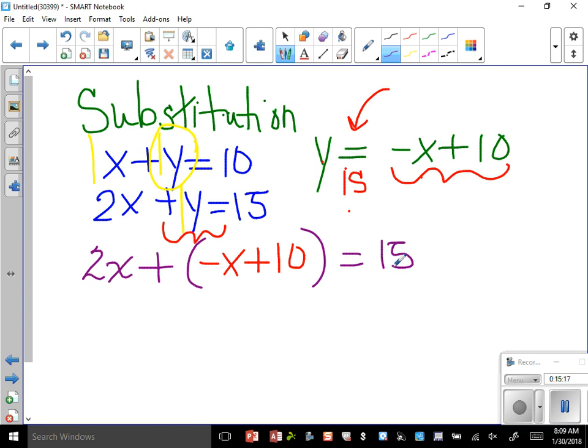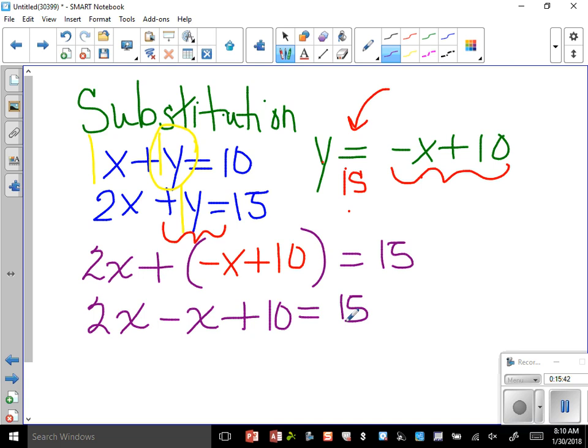So see if you have a question on that. Because the rest is just solving. Once we get the substitution done, the rest is just solving an equation. So technically, this is 2x minus x plus 10 equals 15 when I drop the parentheses.